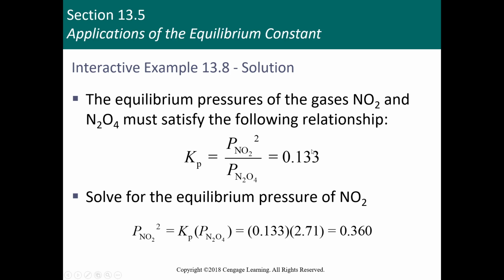So then we can solve for the equilibrium pressure of NO2. And so we solve for the NO2 to get it on one side. That leaves us the two values we were given in the previous slide. We plug those values in, 0.133, which is our Kp, 2.71, which is our partial pressure of N2O4 at equilibrium, and this gives us 0.360 once we take that square root.